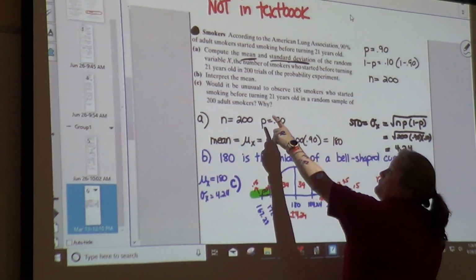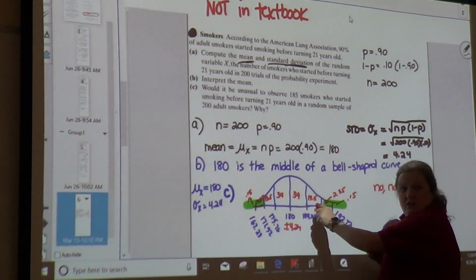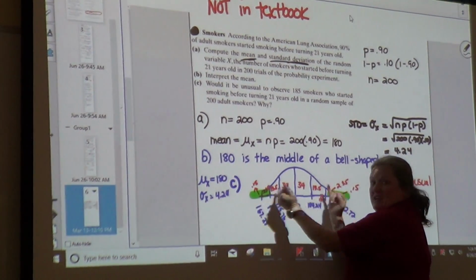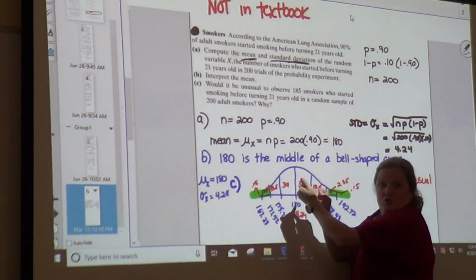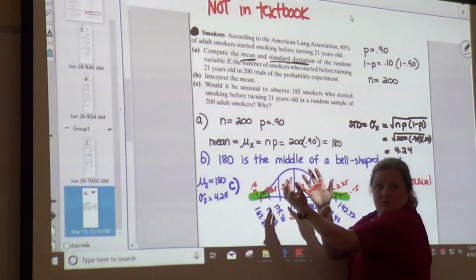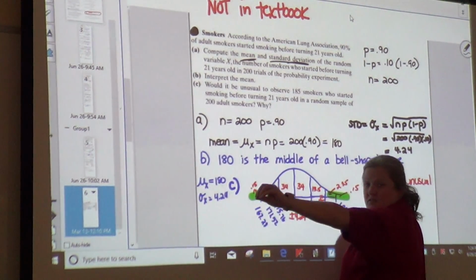So if we want to be at 185, it's right there. It is within my 2 standard deviations, which means it's usual. It's normal. It's not in that little bit of tail space.